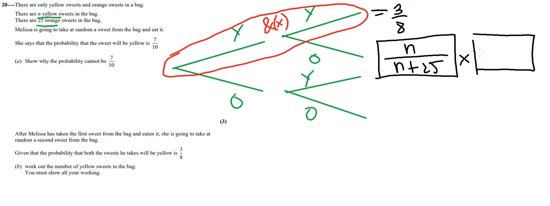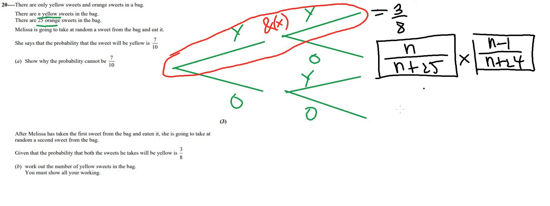That's the first one. Now the second time they pick, there is one less yellow because it's yellow and yellow. So that means it's going to be n minus 1. And the total to pick from is one less, so that's n plus 24. These are our probabilities. What we need to do is multiply these together and set it equal to 3/8.